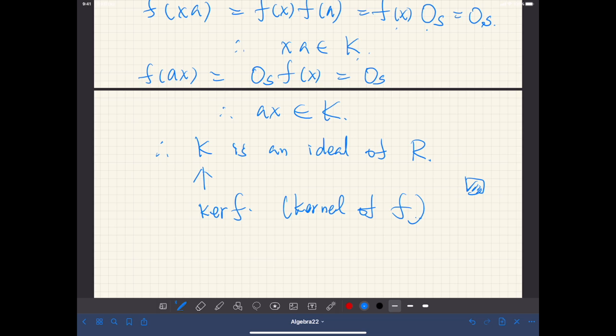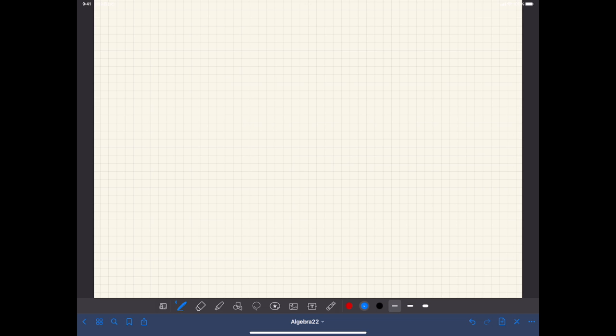Now we are going to prove various results that are analogous to those of group theory. First of all, if we have a ring and an ideal of the ring, then by definition, an ideal is an additive subgroup of this ring.